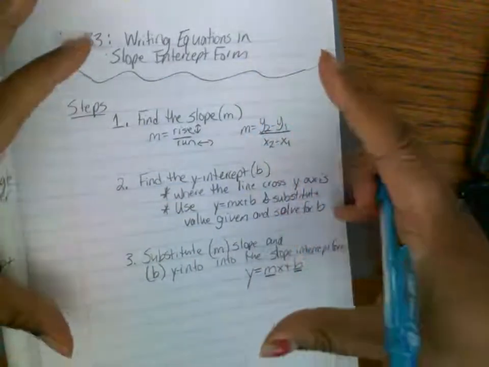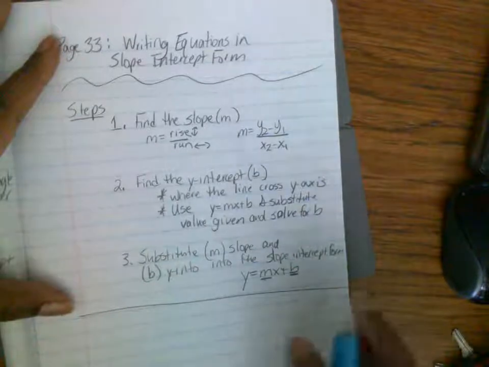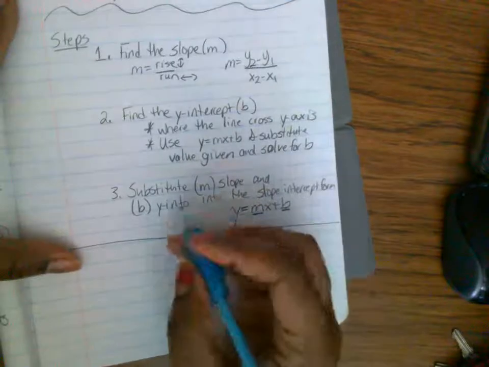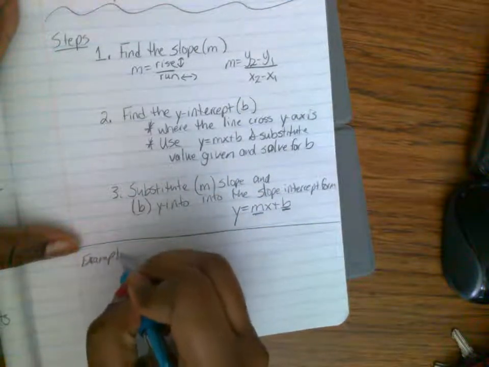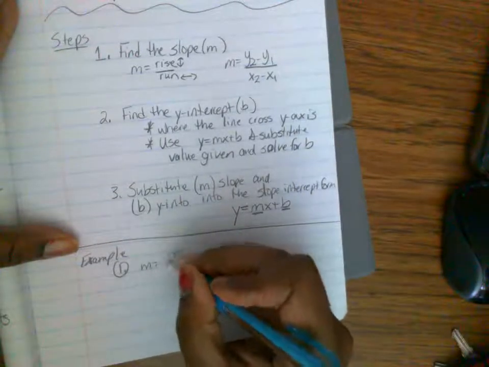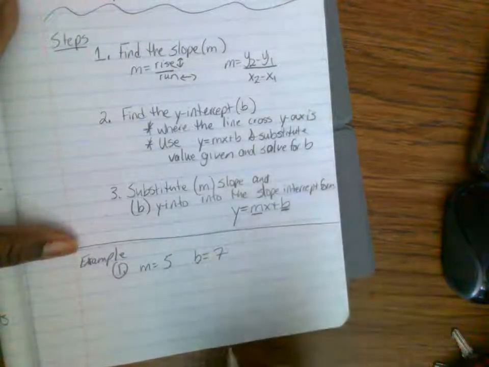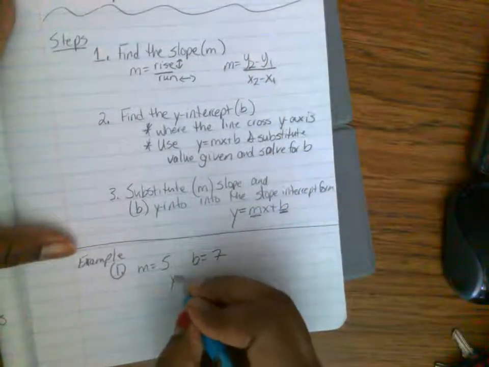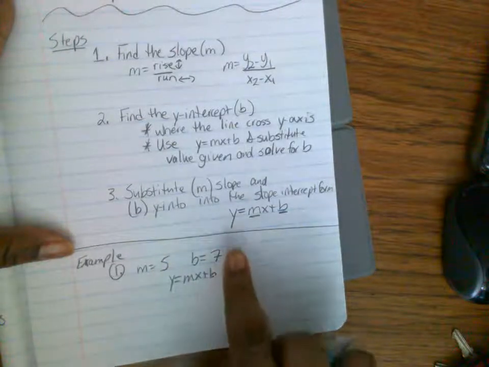Please make sure that you copy this and put this into your notes, okay? I'm going to do an example real quick. Number 1, if you are given M, your M is 5, and you're given B, your B is 7, you have M, you have B, all you're doing to write this as an equation in y equals mx plus b form is to plug these values in.